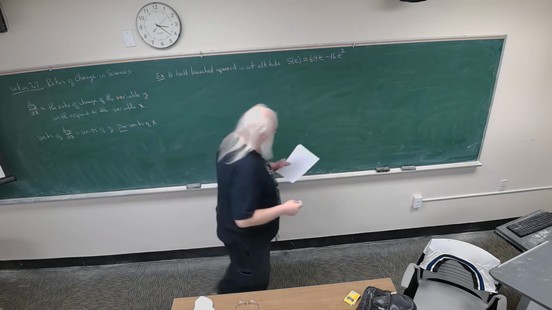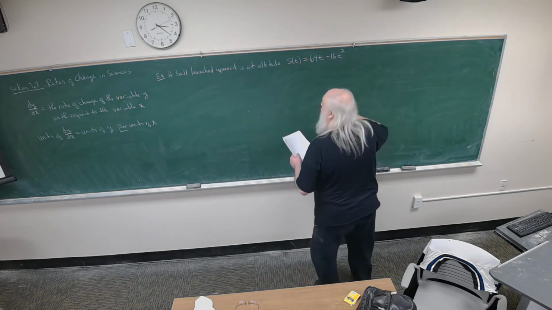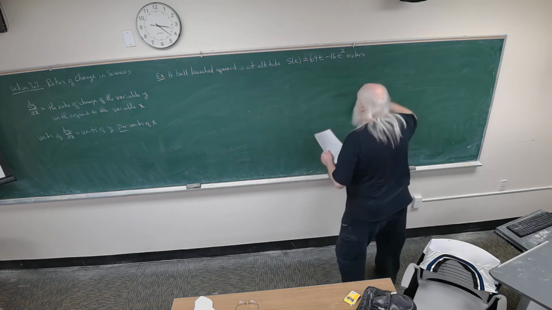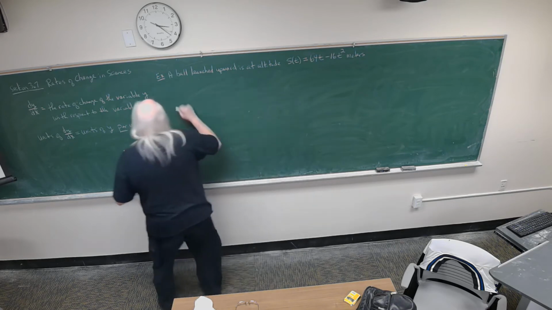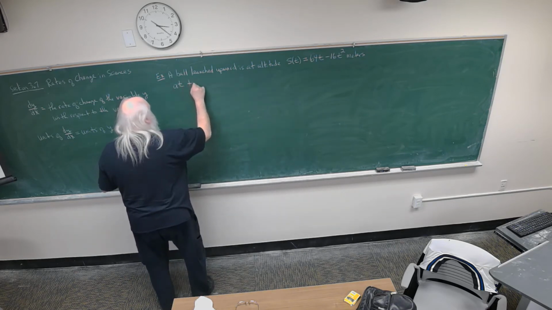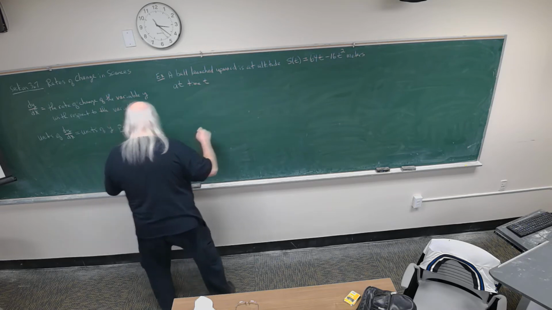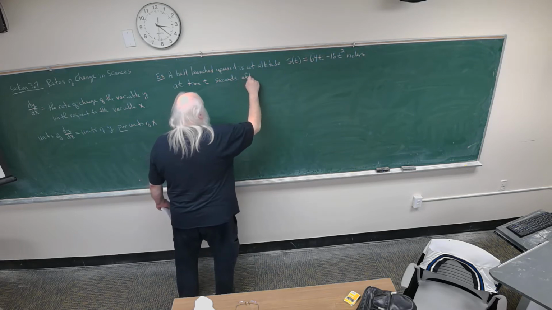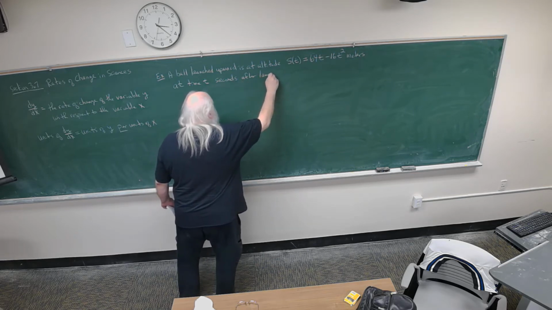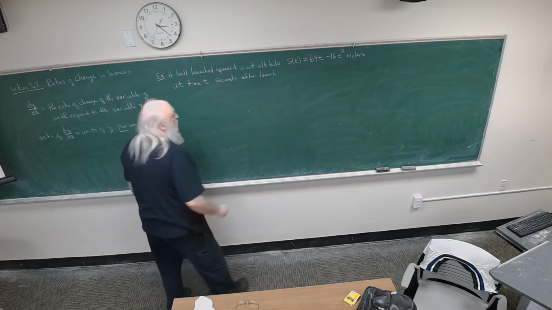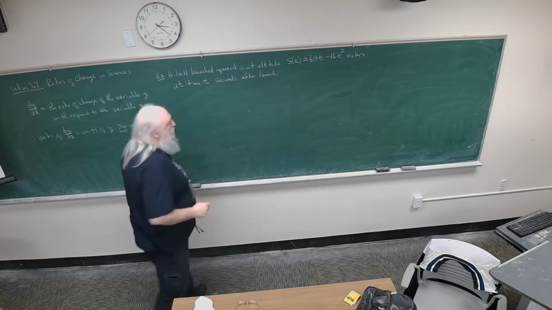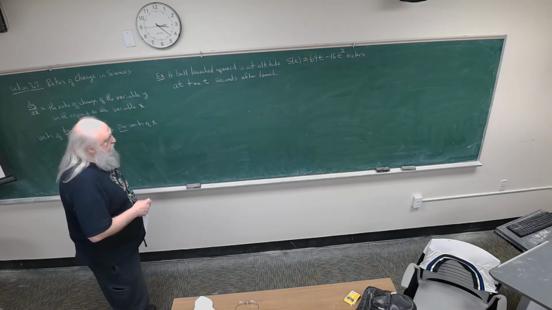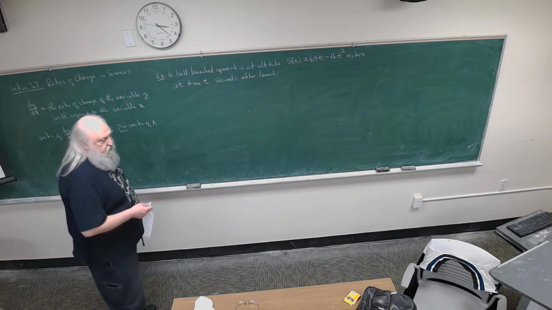It's a function of time, and the units are meters, at time t seconds after launch. So t equals 0 is launch time, and s of t tells you the altitude of the ball t seconds after it's been launched.